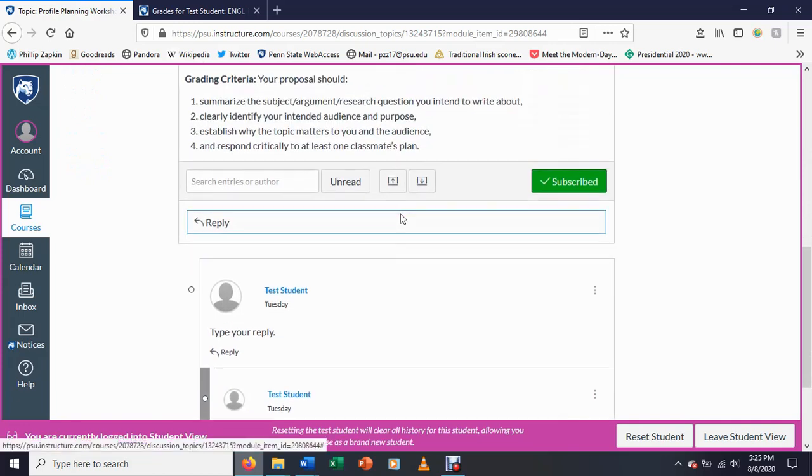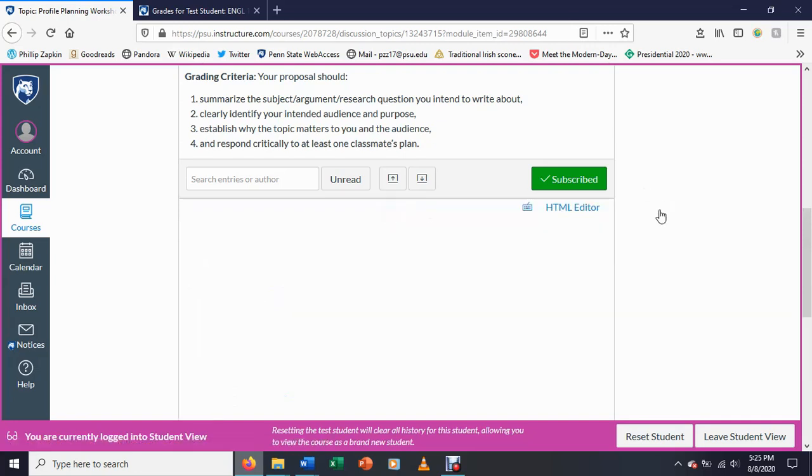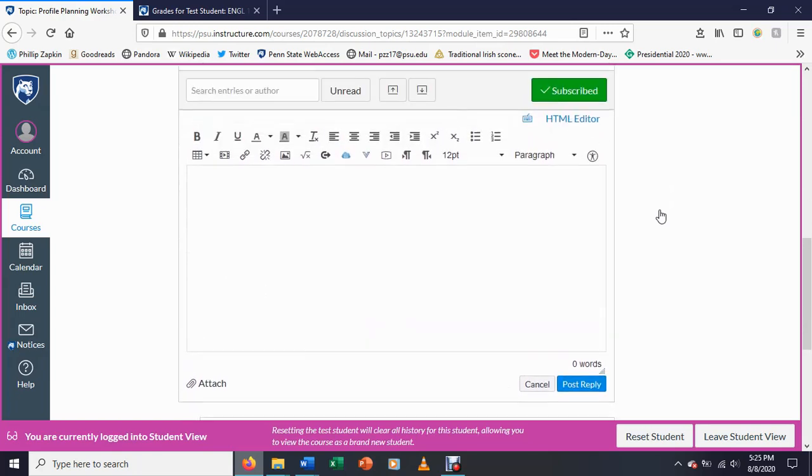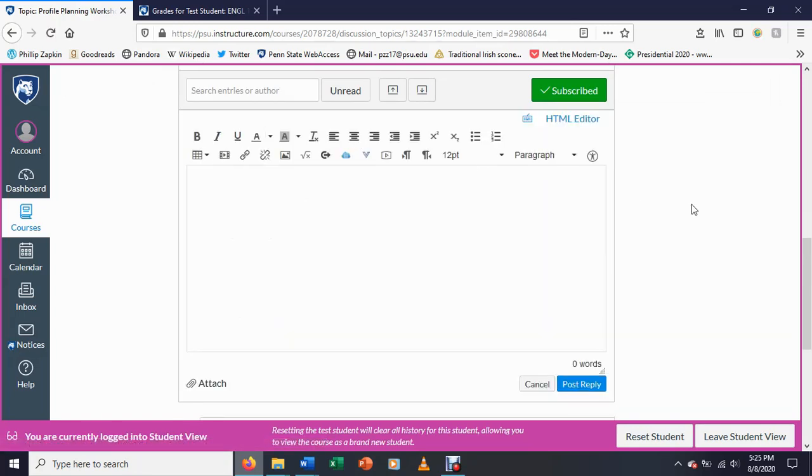But then when you want to submit your response, whether you are going to compose it here in the discussion forums, or compose it in Microsoft Word or Google Docs or something like that and copy paste it, whatever you want to do, all you have to do when you get in there is click this reply button, and you'll get something that looks like this.